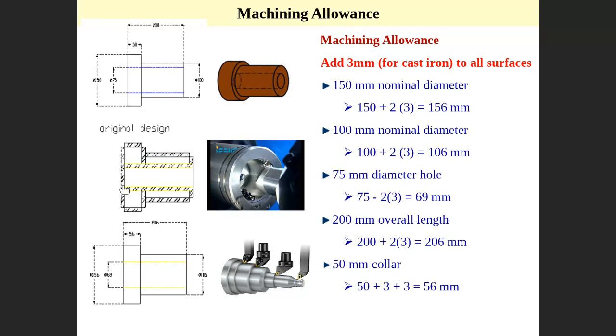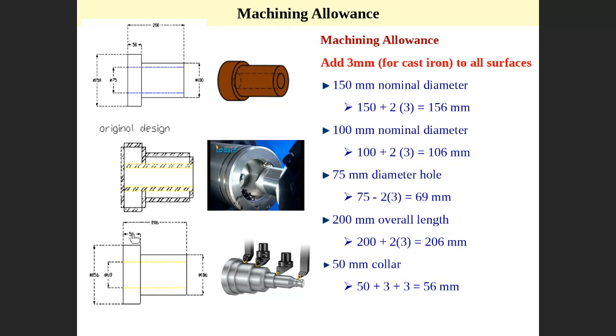Then you added 6 millimeters, so 150 increased to become 156. This 100 millimeter will also increase 6 millimeter, up and down. In diameter we put 3 millimeter and 3 millimeter, then 6 millimeter in diameter, 3 millimeter in radius, then it becomes 106.